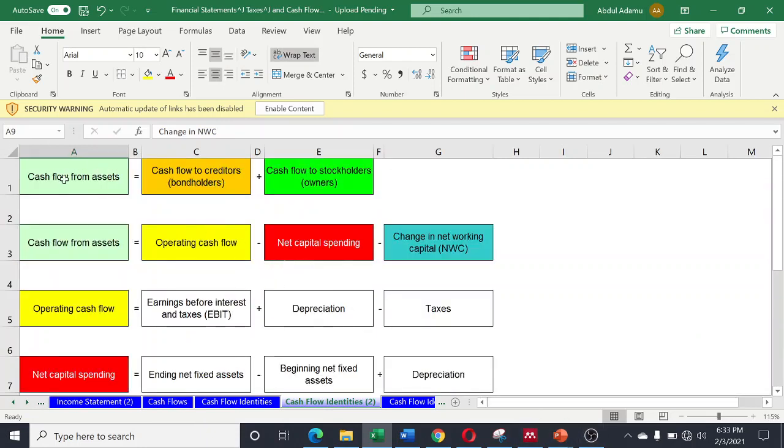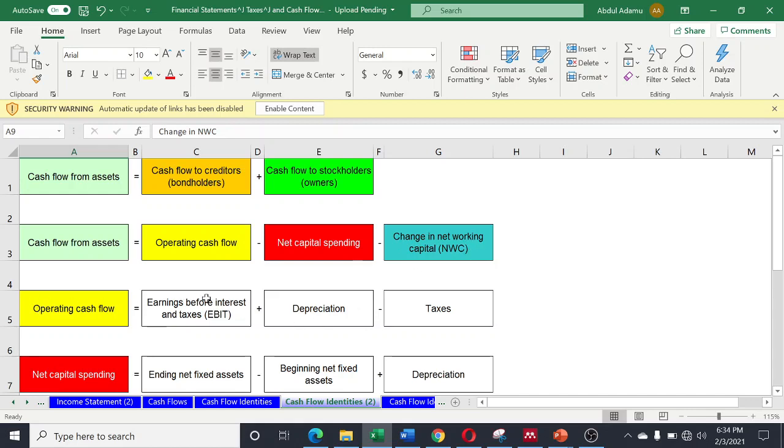So here we have cash flow from assets, like I said earlier, is cash flow to creditors plus cash flow to stockholders. So cash flow from assets is the same as operating cash flow minus net capital spending and change in net working capital.